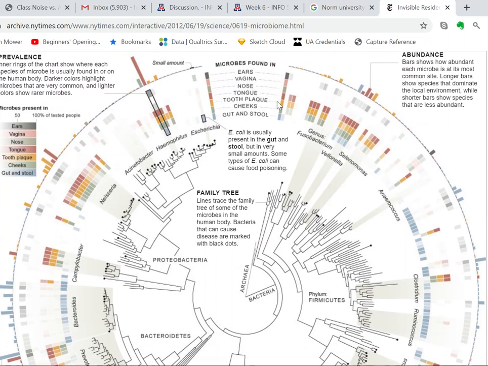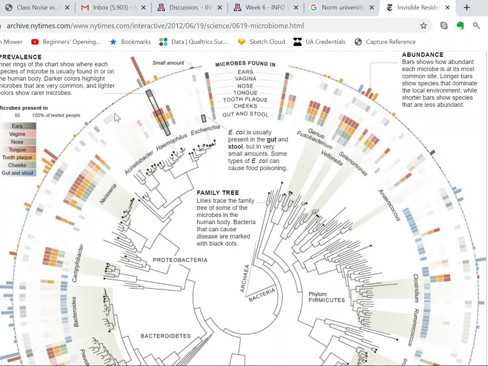And then the middle layer of this circle shows you the places within the human body that those different kinds of bacteria are found. So are they in ears, vagina, nose, tongue, or any other places? Those colors indicate where those bacteria were found. And if you notice, the colors have different shades.